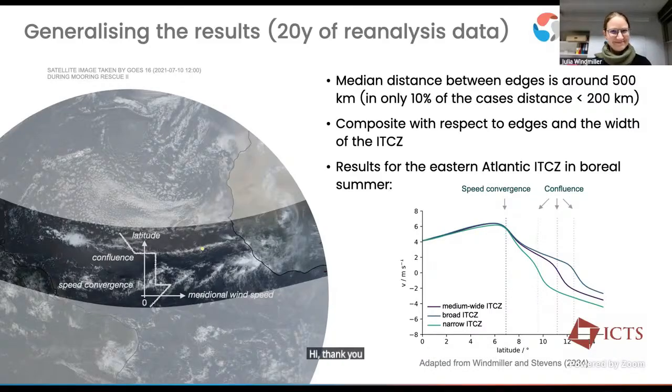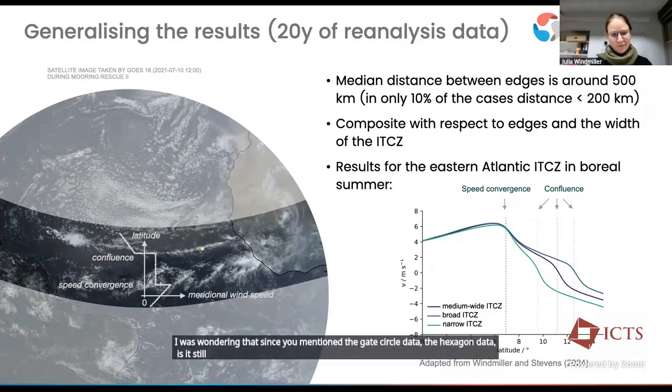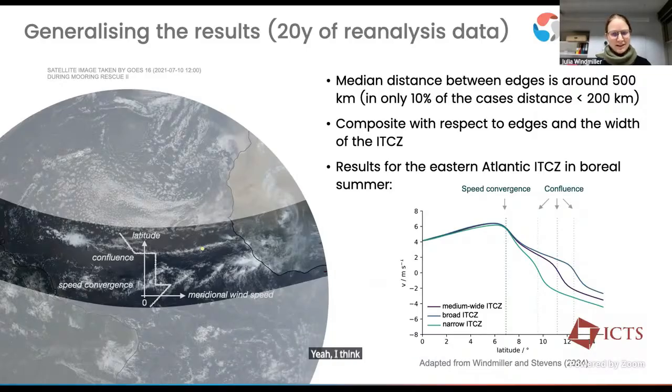Hi, thank you for your talk. I was wondering, since you mentioned the GATE hexagon data, is it still publicly available, and can we use it, and are the measurements usable? Yeah, I think it's still available, or at least I know that Gilles has it. I think the problem is that we now think they had maybe few ships, but yeah, it's still available. It's still processed data.